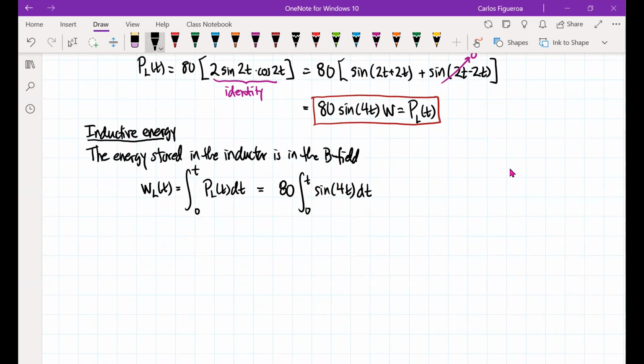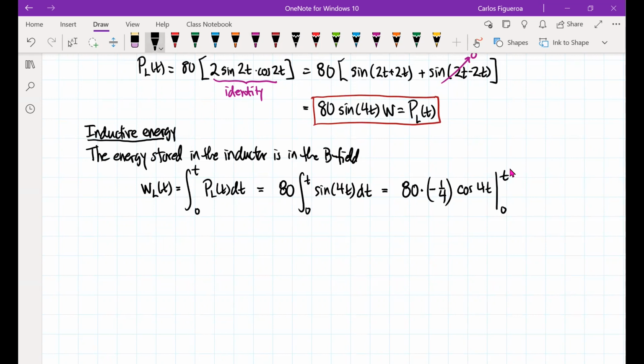When I integrate this, note that if I integrate sine, I'm going to get cosine. So if I integrate sine, I'm going to get negative 1/4. So I'm going to get 80 times negative 1/4 times cosine of 4t from 0 to t.